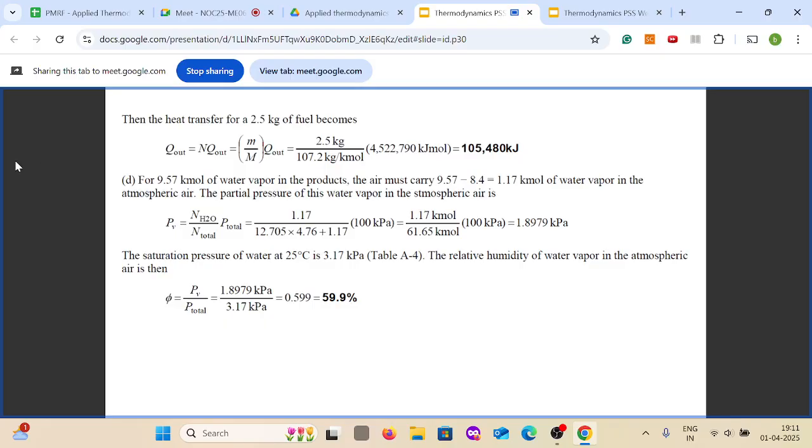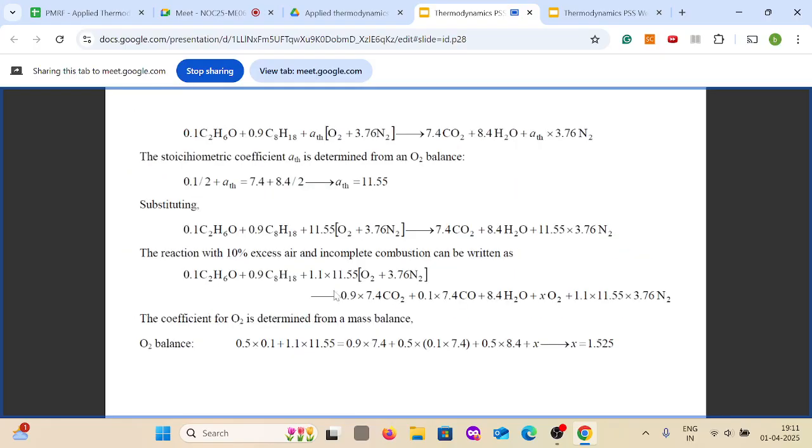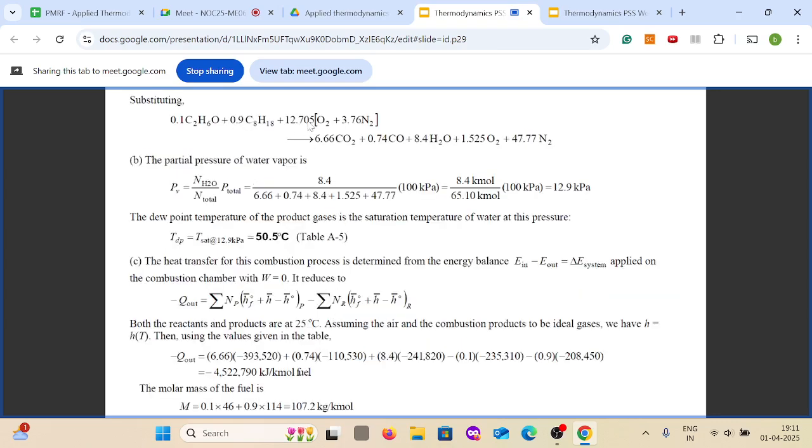So this is the kilomole of water vapor which is present in atmospheric air. So the partial pressure of this water vapor in this atmospheric air is 1.17 divided by your 12.705, which is the mole of air in the expression. If you see here, 12.705 moles of air are being used for combustion.